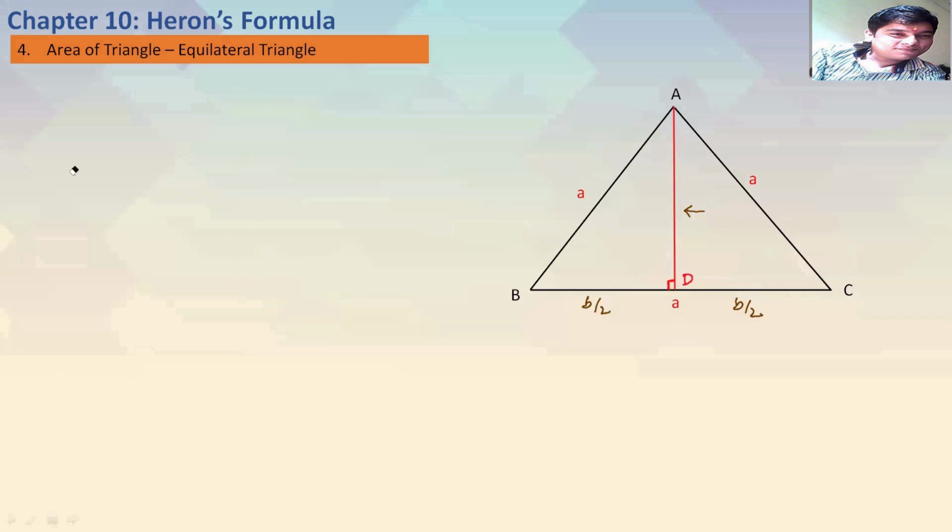So this time, considering the same thing, it's going to be A by 2, right? Instead of B by 2, it will be A by 2. Okay, so what should be your height? AD.